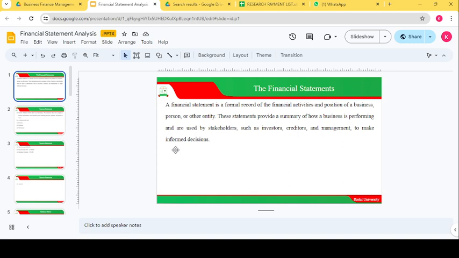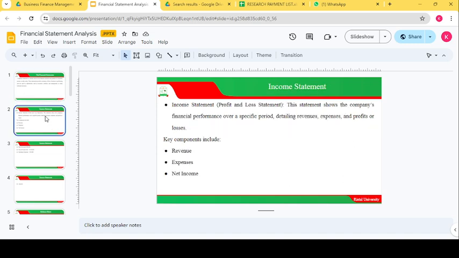So let's look at the income statement. The income statement can also be called profit and loss. Under this, it shows the company's financial performance over a specific period, detailing the revenues, the expenses, and then the profit or losses.